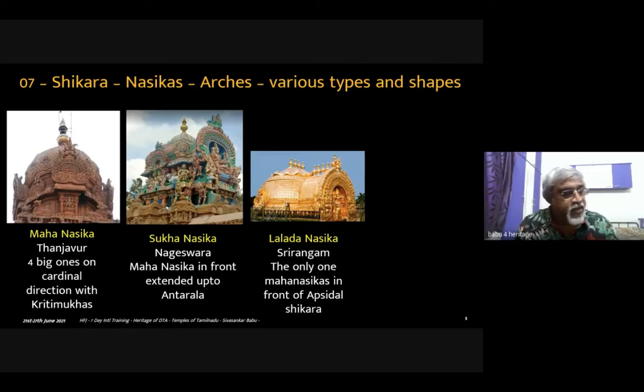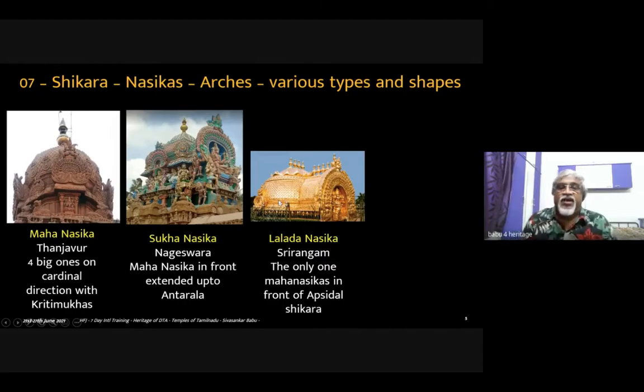The third variant is Lalata Nasika, which is present on a Vesara temple. Even though you have four primary directions, there is only one Mahanasika in front of the apsidal Shikara.